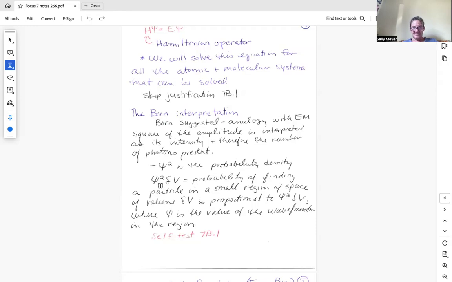If you multiply psi squared times some little volume, you'd get the probability of finding the particle in a small region of space of the volume delta V. It's proportional to psi squared delta V, where psi is the value of the wave function in that region.